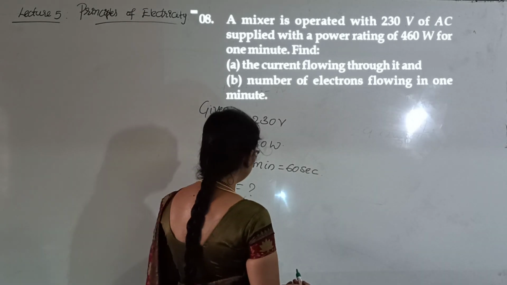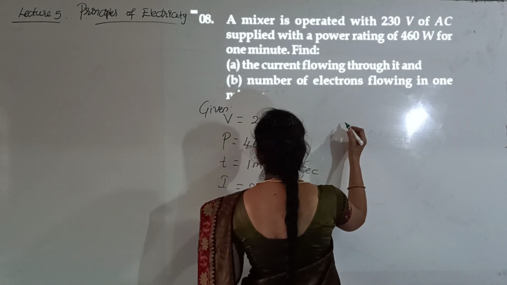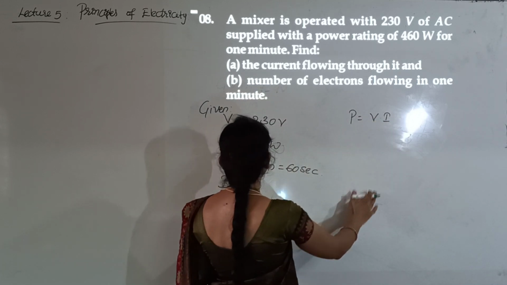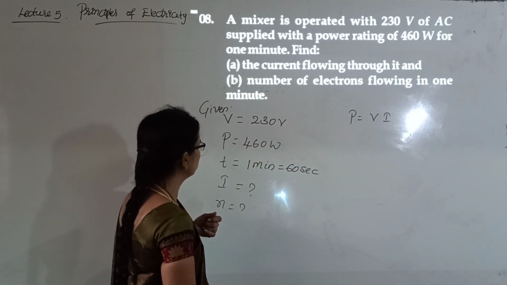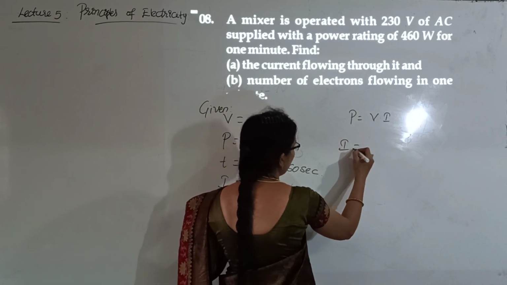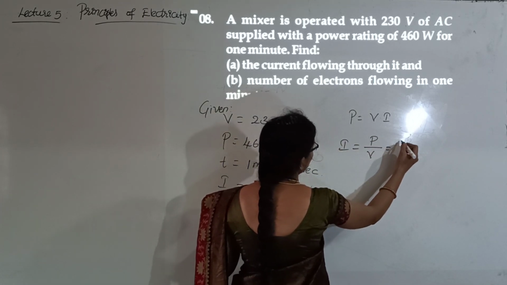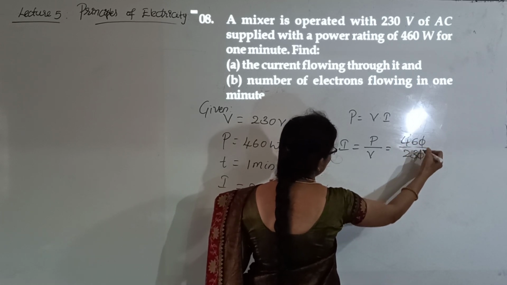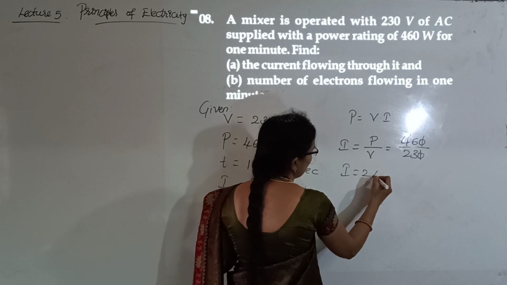So P is equal to V into I, so I is equal to P by V, 460 watts divided by 230 volts, and I is equal to 2 amperes.